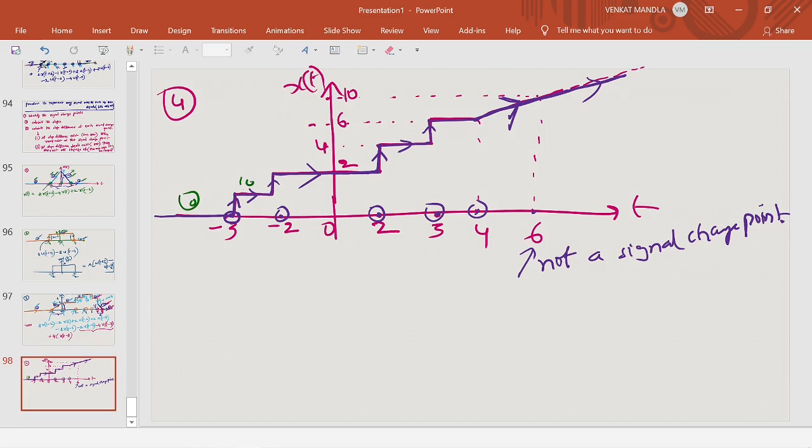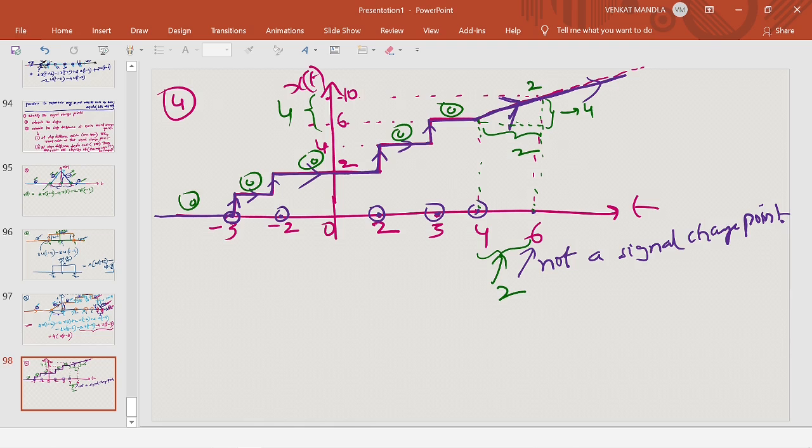This is 0, this is 0, this is 0, 0, 0, but this has slope. What is the slope? So to calculate the slope I have given this 6 line. Okay, this width is 2, x width, and y width, this width is 4. So write like this. Okay, slope is 2.